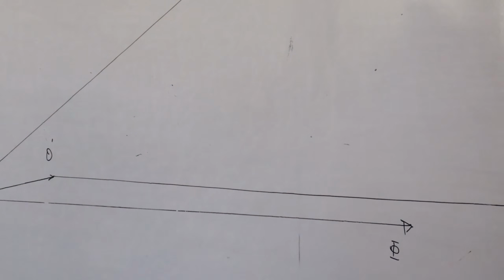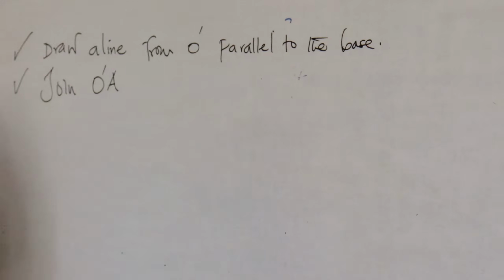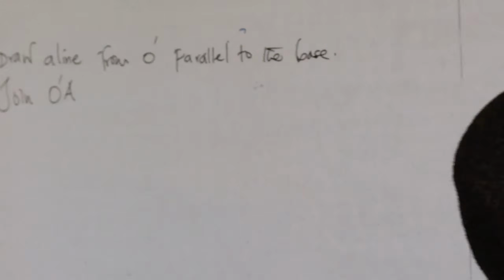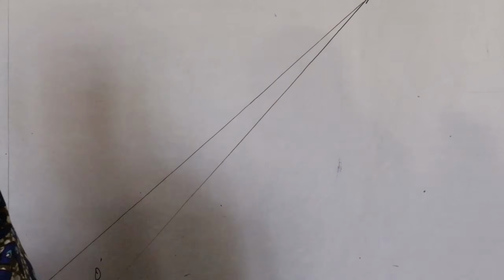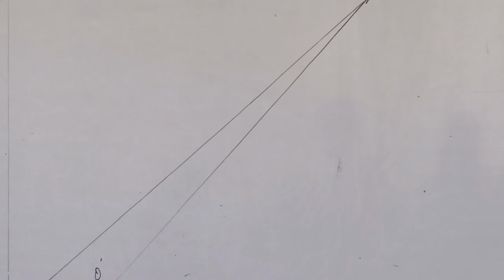Procedure number 2: join O prime A. Bisect O prime A. You know how to bisect?